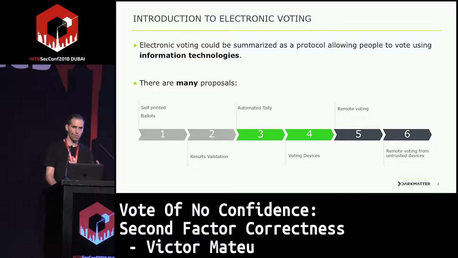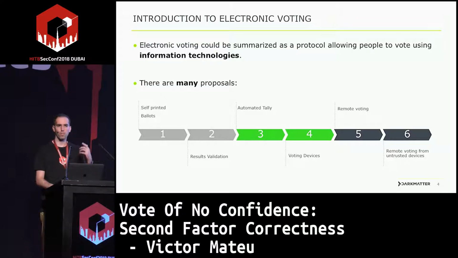And then someone introduced these machines to have a validation of the results. So instead of having people reading the results, you have your machine, so you know for sure that there are going to be no mistakes on the counting. After that, they got the automated tally, which was basically doing the same, but configuring the ballots in a way that you can count them later.